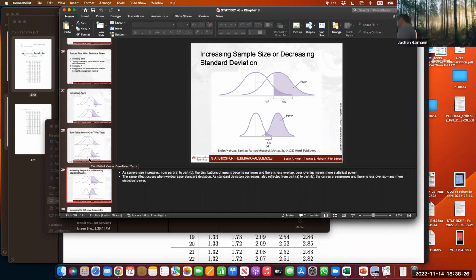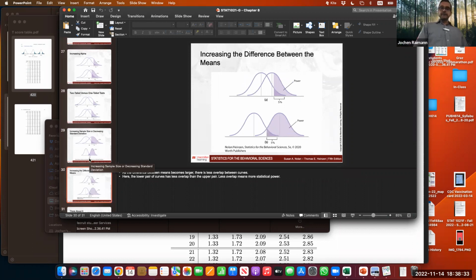You can also increase the sample size, then you get this. So remember these points on power. Increasing the differences, same principle. You are getting them apart. You get a larger fraction of non-overlapping regions.